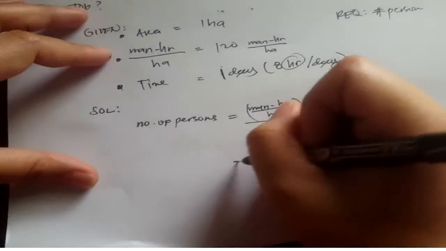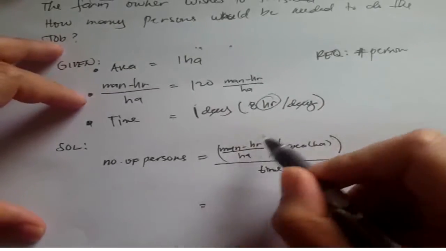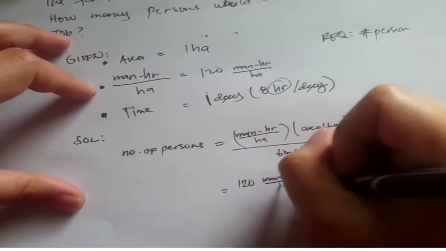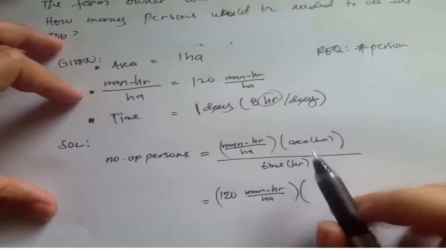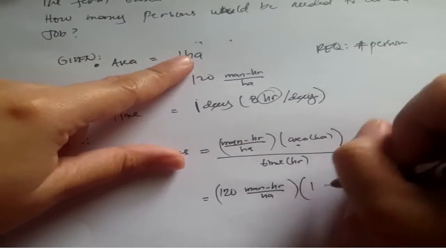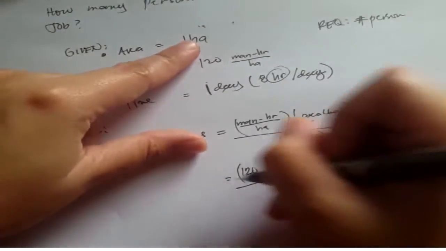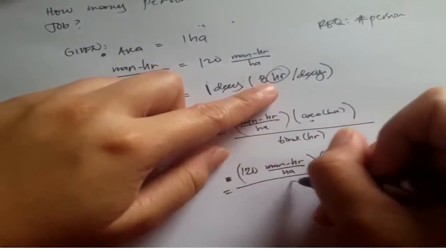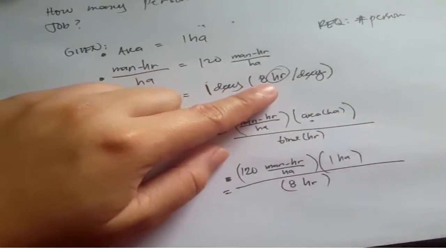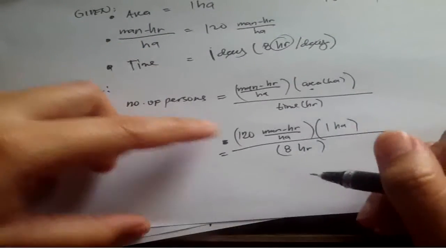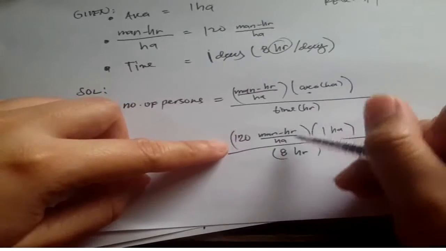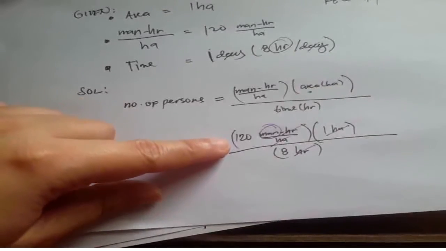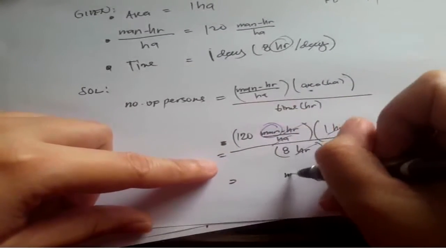Just plug in all the values. Our man-hour per hectare is 120 man-hour per hectare times our area of 1 hectare, then divide by time, in terms of hour, which is 8 hours. From here, you can cancel out all the units: hour and hectare cancel, and the unit that remains is men.